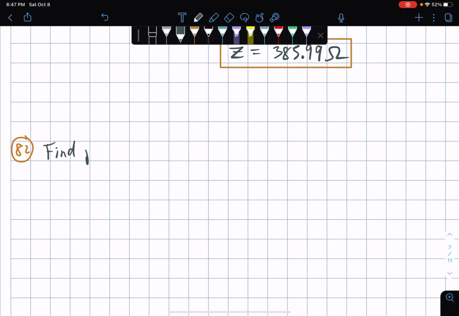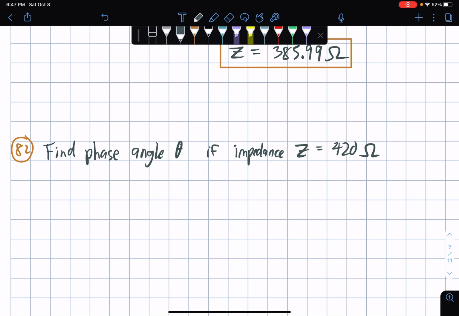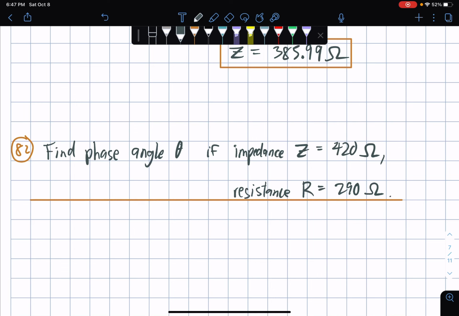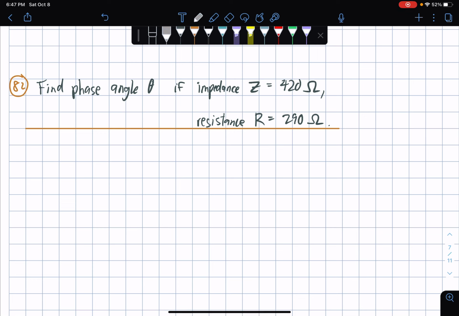Find the phase angle. So this time the phase angle is missing. Again, it's labeled by theta, if the impedance, which is Z, is equal to 420 ohms, and the resistance R is equal to 290 ohms. So given those values, let's draw the triangle again.